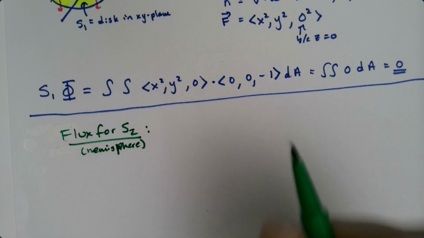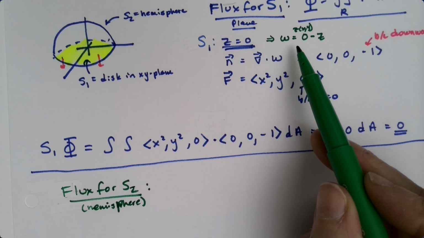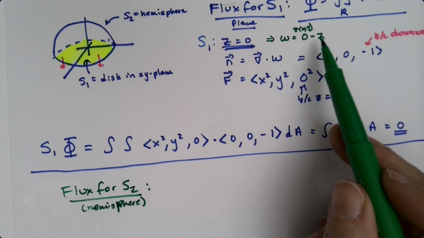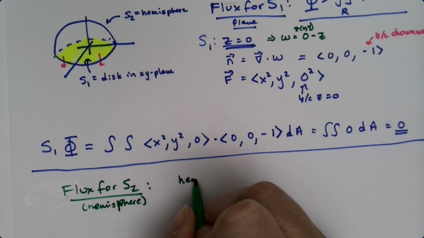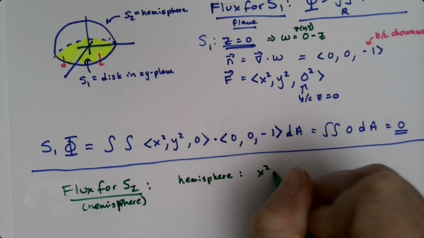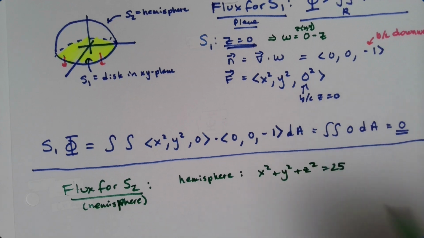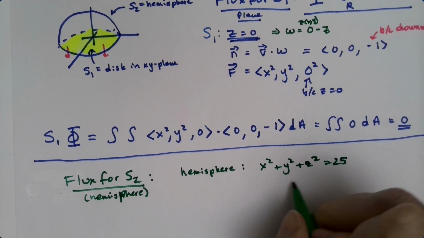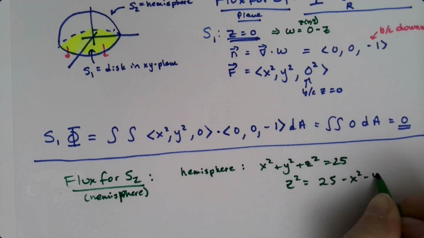Remember, because we're doing it this way, we're going to need to find W. W is z of xy minus z. So we need to find our function. We have to take the hemisphere and modify it. The hemisphere originally is written as x squared plus y squared plus z squared equals 25. We solve that for z: z squared equals 25 minus x squared minus y squared.